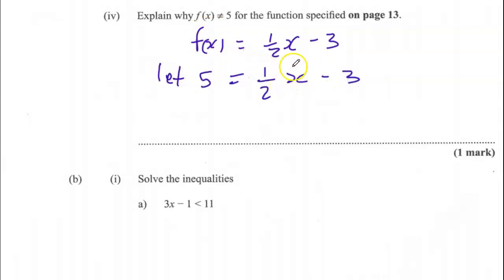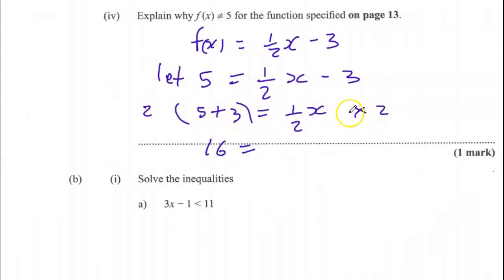I can solve this by adding 3 to both sides. So I end up with 5 plus 3 equal to half x. And then to get rid of the half, I can multiply both sides by 2. You'll recognize that the left hand side is really 8. So 2 times 8, that's 16. And then 2 times half, that's 1, so 2 times half x is 1x.